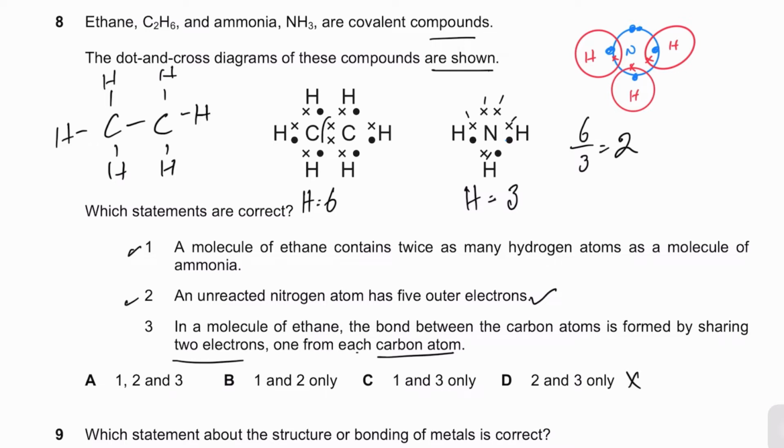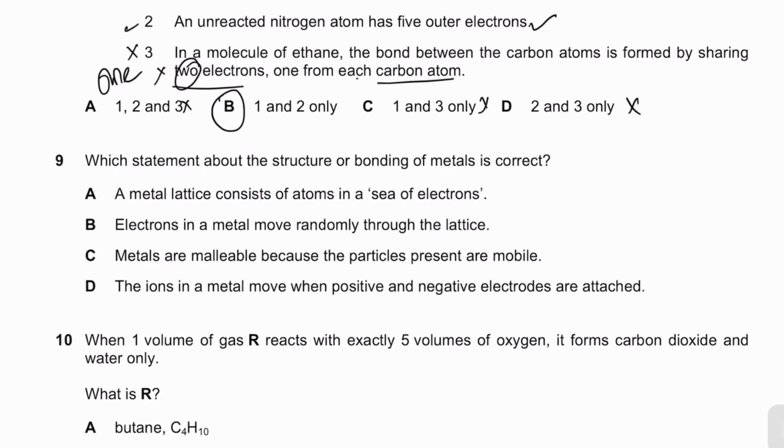As we can see, one pair, then we have one from this carbon and one from this carbon. So no, the bond between carbon is not formed by sharing 2 electrons. We only share 1 electron. So option 3 is incorrect. The answer is only 1 and 2.